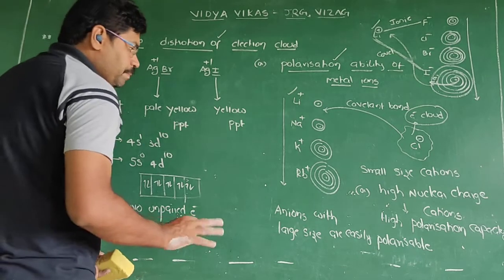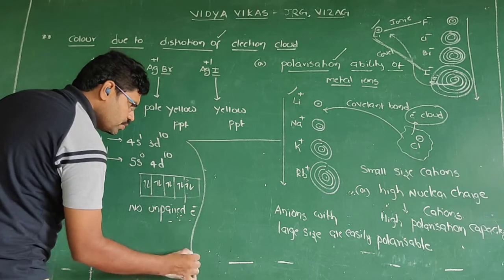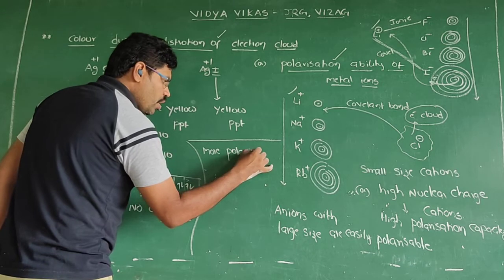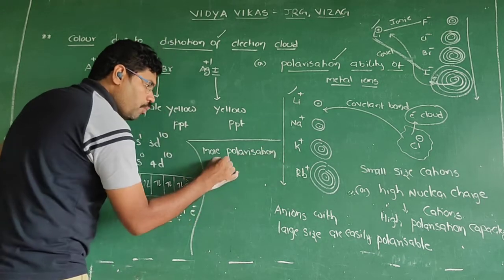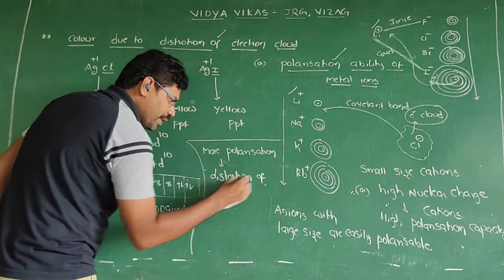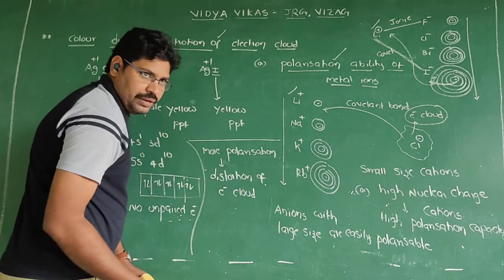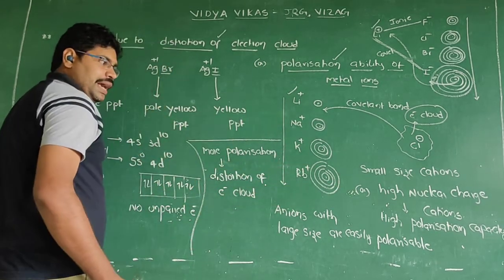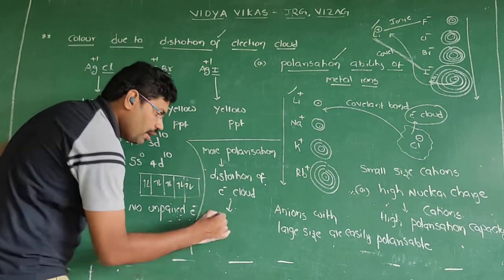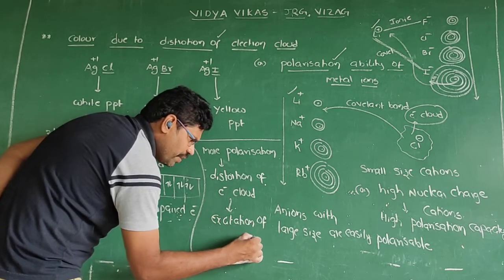So where we expect more polarization, just look at that, students. Polarization means what, sir? Polarization means a distortion of electron cloud. Distortion of electron cloud means migration of electron cloud from anion to cation, and that distortion is responsible for the excitation of electrons.